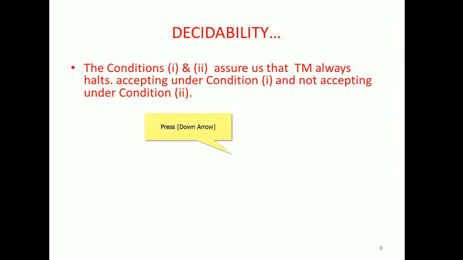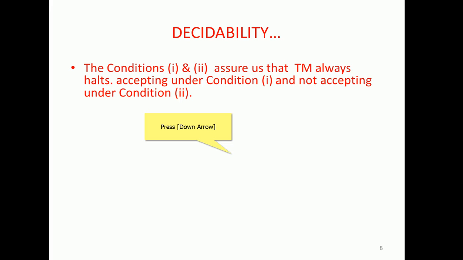Continuing with decidability, conditions 1 and 2 guarantee that the Turing machine always halts: accepting under condition 1 and not accepting under condition 2. Observe these two conditions: one is accepting, the other is not accepting.